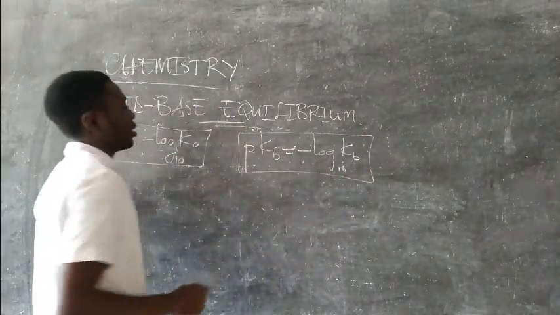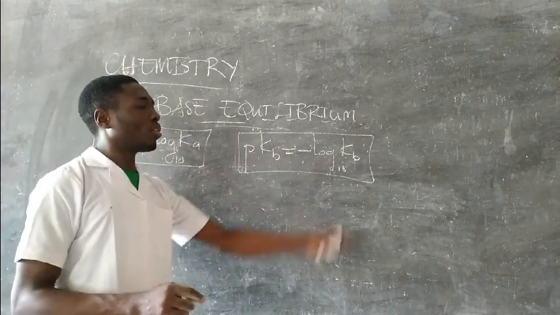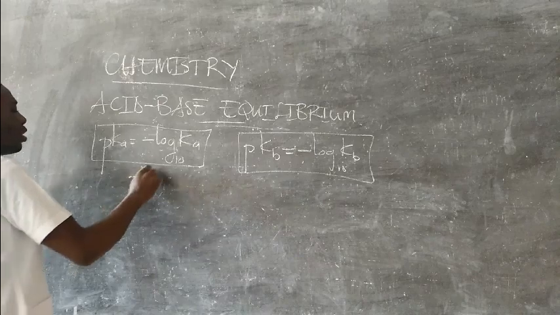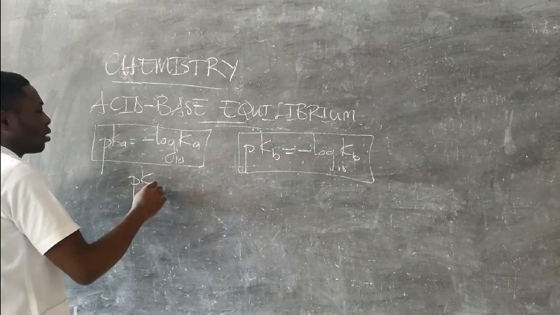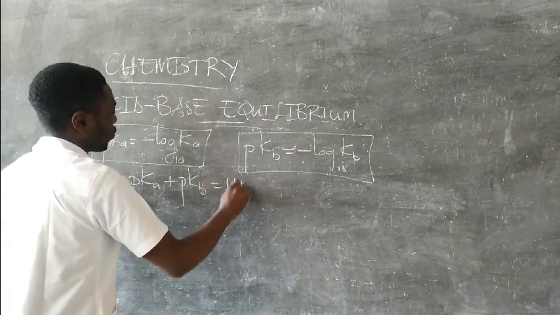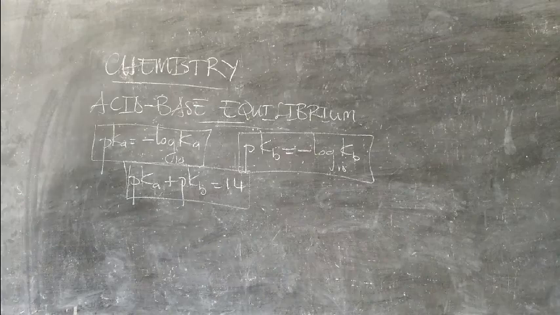This is for a base. So pKa is equal to negative log to the base 10 of Ka, and pKb is equal to negative log to the base 10 of Kb. And of course, just like pH and pOH, pKa plus pKb is equal to 14. Please take note of this because it is very, very important.